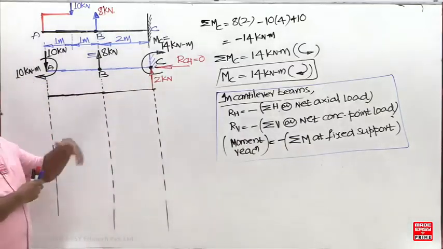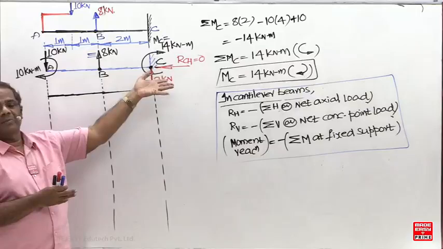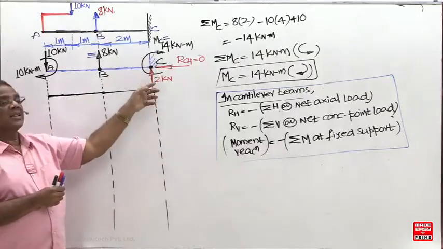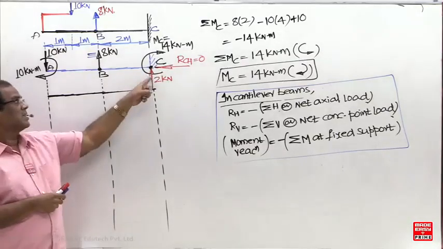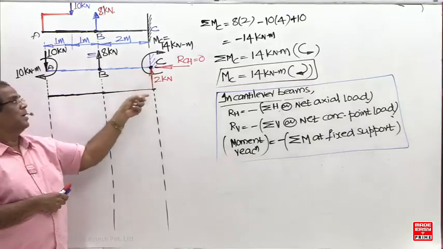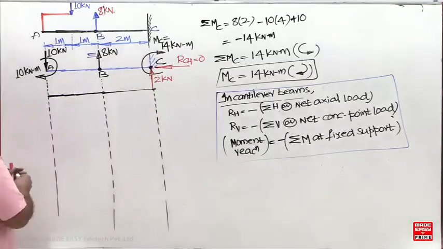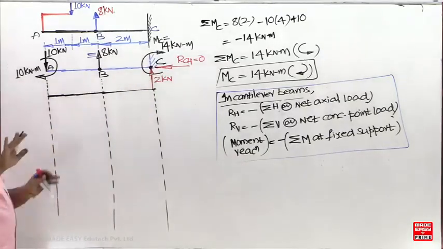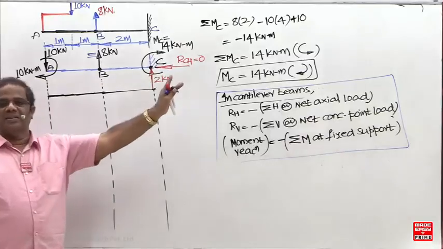Sometimes directly they will ask here itself, what is the maximum bending moment at C. Find out the axial load, shear force, bending moment at C. Axial load is 0, shear force is -2, bending moment is what now? -14. Once you find out the reaction for every beam, SFD BMD is same.